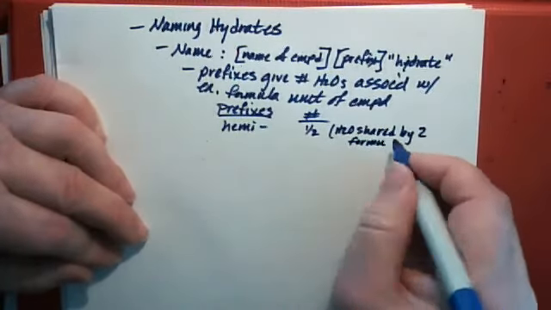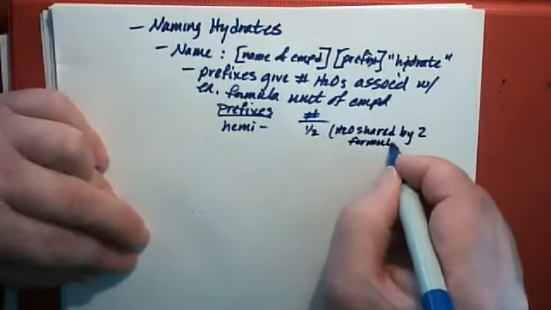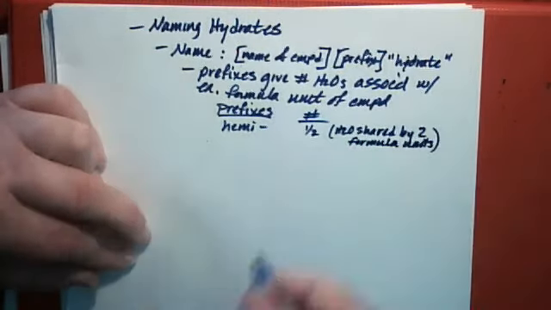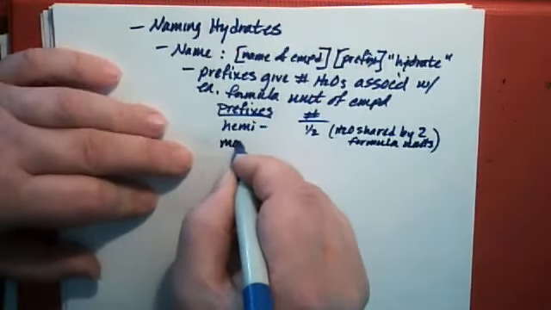So each of them gets half when we boil it down to 1 formula unit. And then we go to the whole numbers.